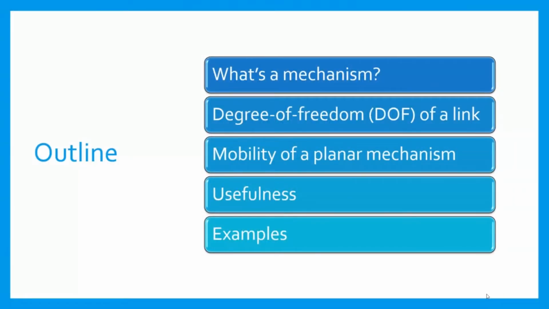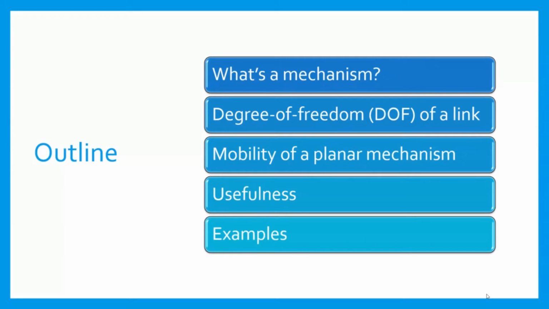Now we move to the third part. Having now a knowledge of how many degrees of freedom one link has, let's see how we can calculate the degrees of freedom available in a mechanism, or how many elementary motions a mechanism has.